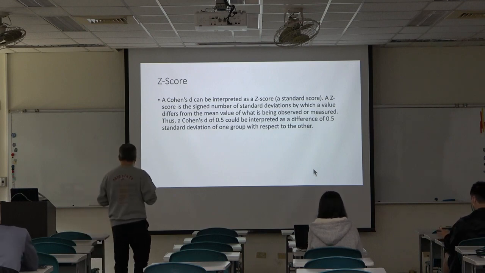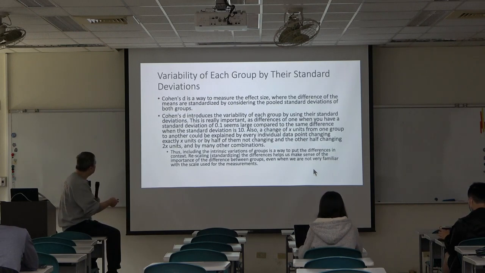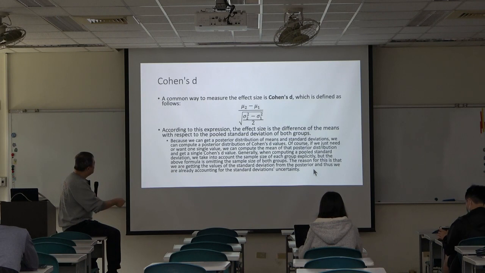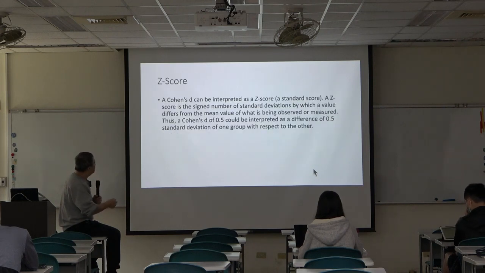In some sense, Cohen's d is similar, because you are dividing the difference of means by the scale of the standard deviation. So it's conceptually similar to the z-score.